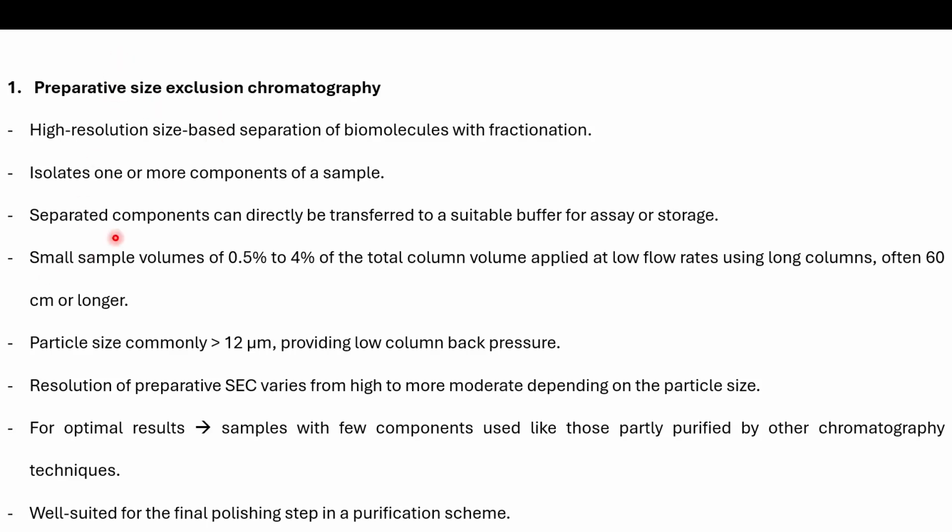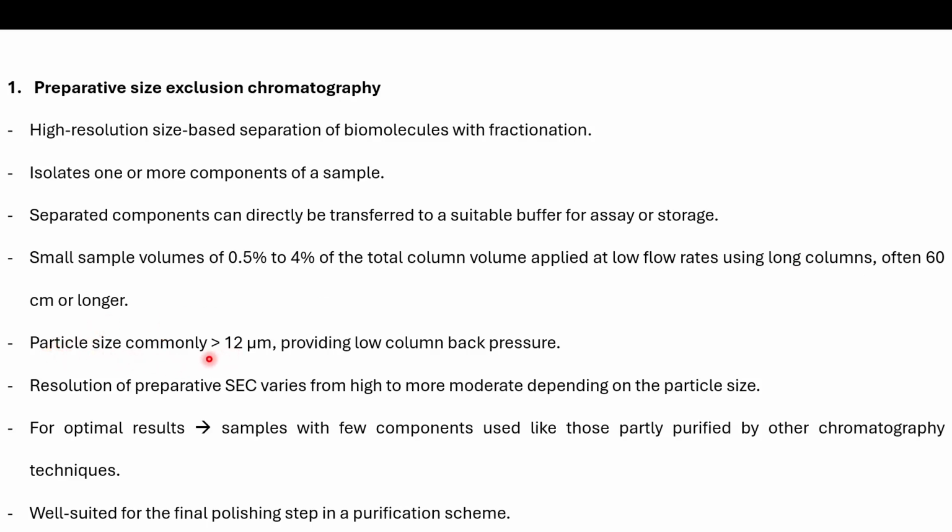And in preparative SEC, you apply small sample volumes, which is around 0.5% to 4% of the total column volume of the SEC resin, applied at low flow rates using long columns, often 60 centimeters or longer.